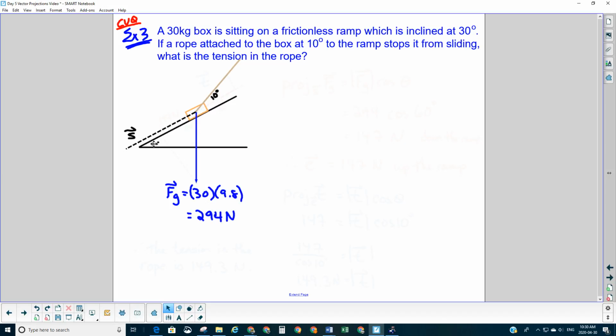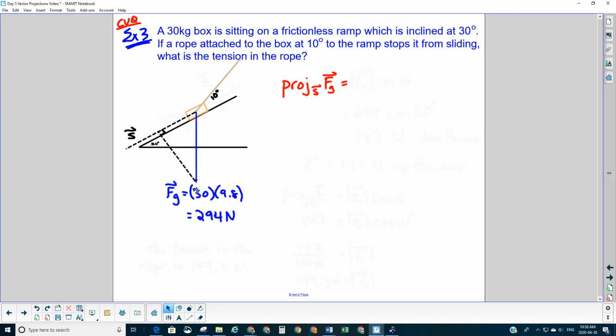So the question is, how much of this force due to gravity is acting down the ramp? That sounds like a projection question. So we're going to project the force due to gravity down the ramp, and we end up with something like this: the projection of the force due to gravity in the direction of the S vector. I've called this the S vector, the slide vector.